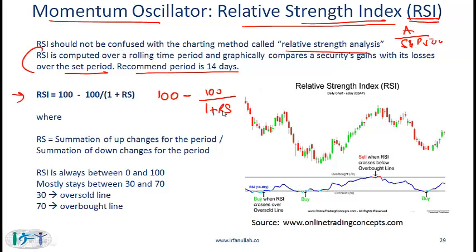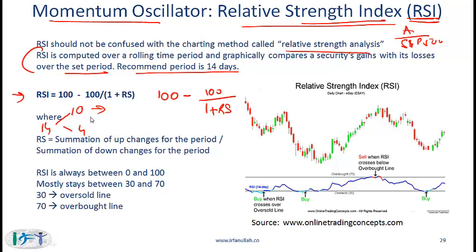The RS stands for the sum of the up changes for the period divided by the sum of the down changes for the period. Let's say we have a 14-day period, and in the 14-day period we have 10 days where the market or this particular stock went up and 4 where it went down. During these 10 days, let's say that the market went up $2 every time that it went up.